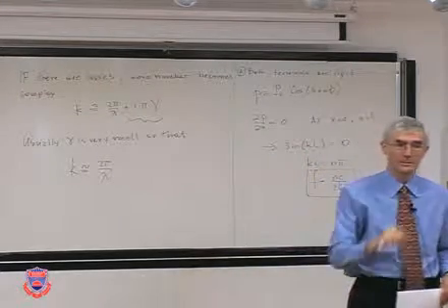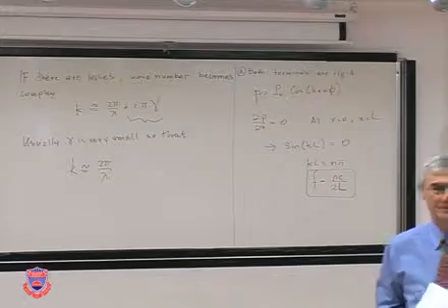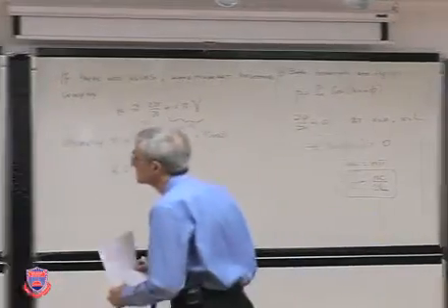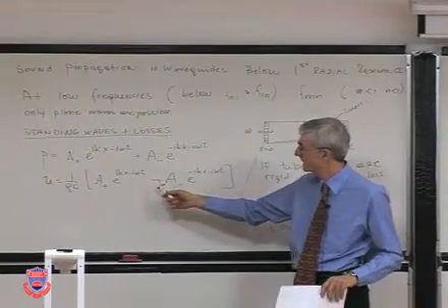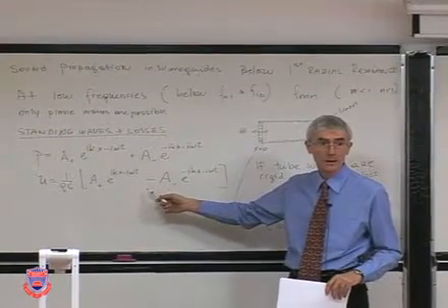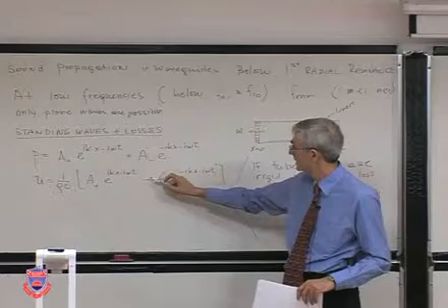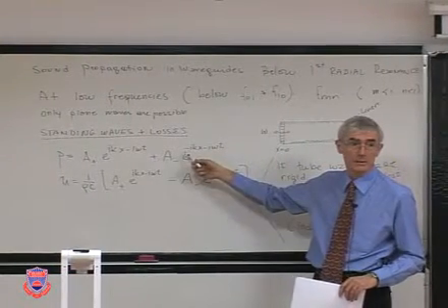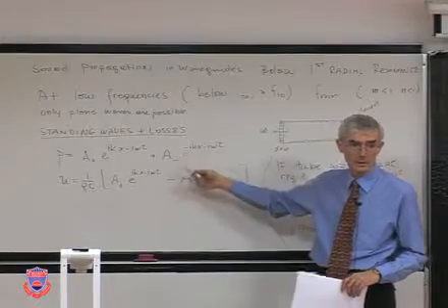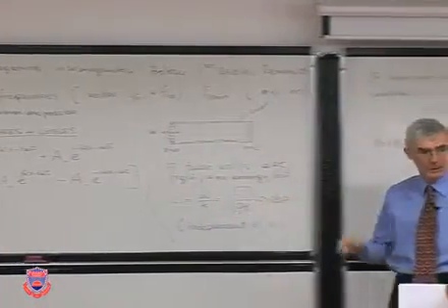You have a question? Go ahead. While writing the equation for velocity, the sign changes. Which sign? Between two terms. Yes, when you take the derivative of this, that brings in a negative sign.